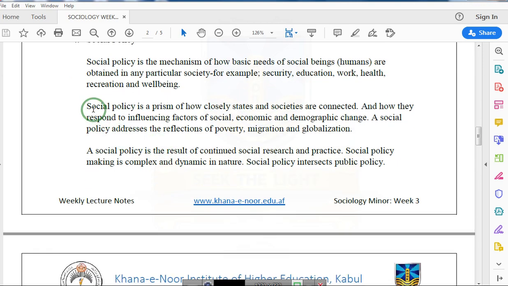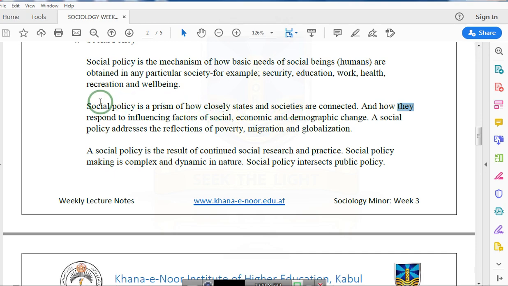Social policy is a prism of how closely states and societies are connected. A state is the political, social structure, a country, a sovereign state, and when I say they, I mean states and societies in their interrelationship to each other.